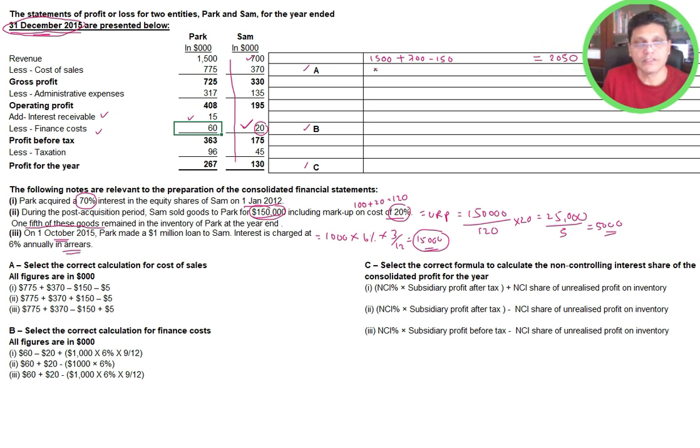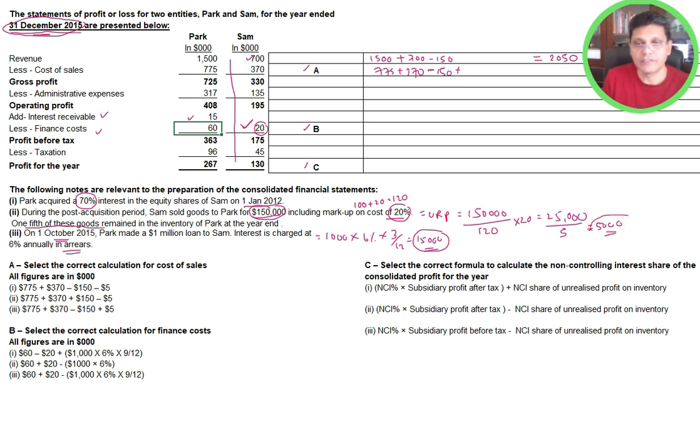Then cost of sales, you need to add again 775 plus 370, minus 150, plus unrealized profit.